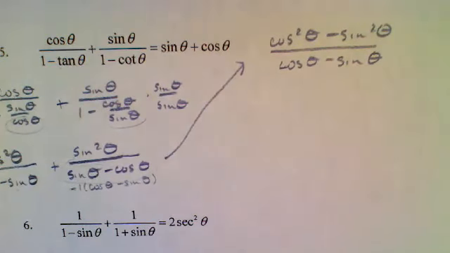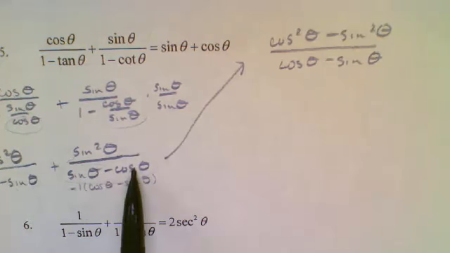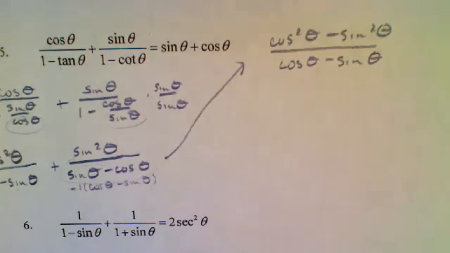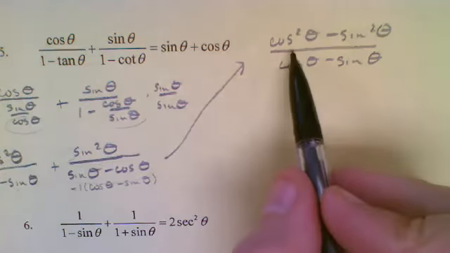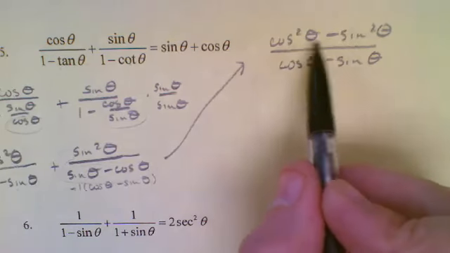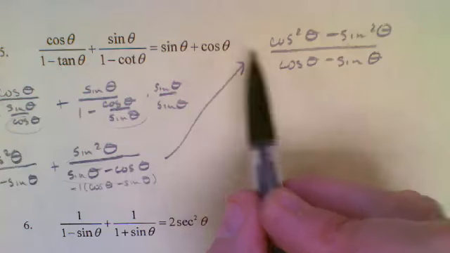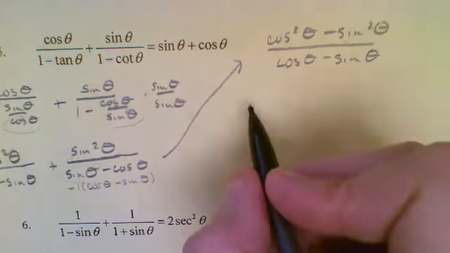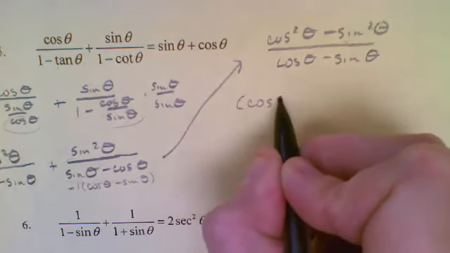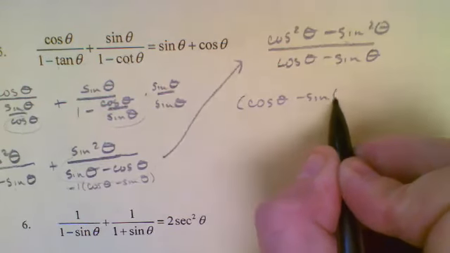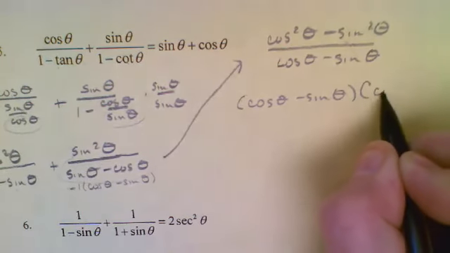Okay, so again, I just took a negative out of here, and that's okay. I can factor it out as long as I bring it up somewhere else in front of that fraction. So now I look at this and say, this is the difference of squares. Remember, I want to be left with sine plus cosine. This can be factored into cosine minus sine times cosine plus sine.